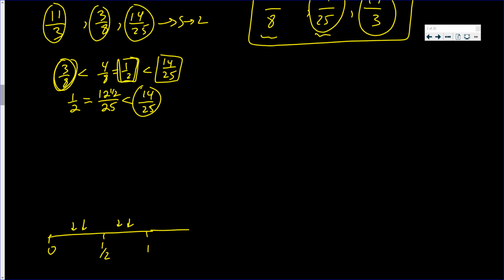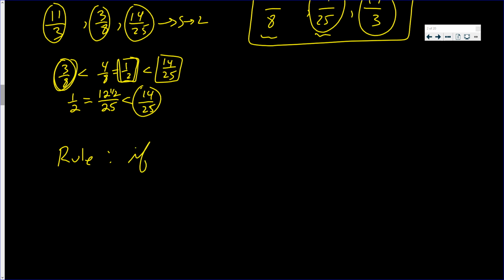Sure, I know that this number here is less than this number, because a number less than 1/2 is always smaller than a number bigger than 1/2. But what if you have more than one number less than 1/2, or more than one number between 1/2 and 1? So that brings up this rule.